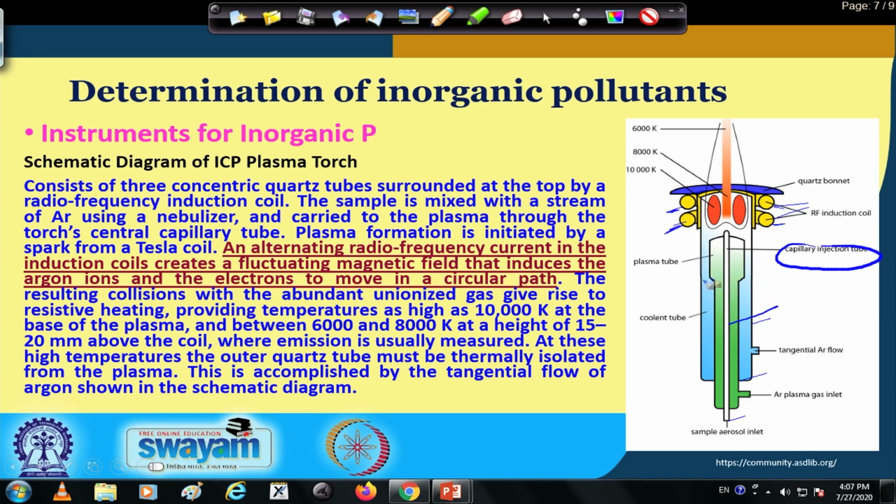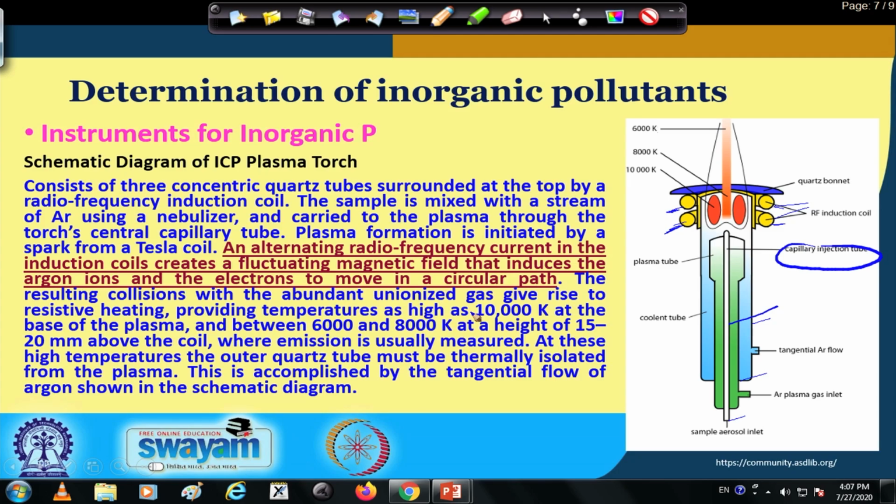So, there will be a circular motion of the argon gas and also the electrons, and as a result of this movement there will be collision with the abundant ionized gas, giving rise to resistive heating.